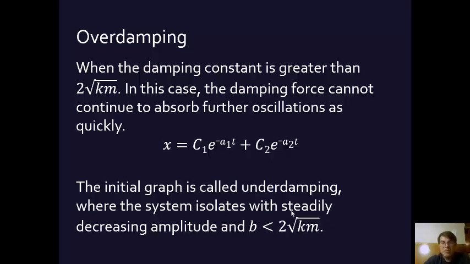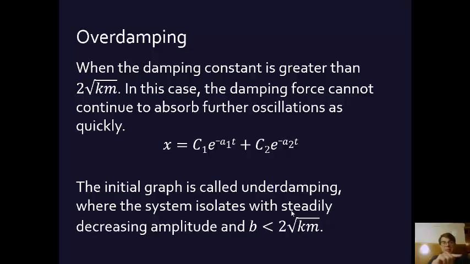Okay, so I mentioned that the initial graph is called underdamping. That's where the system oscillates with a steadily decreasing amplitude, where the damping constant is less than 2 times the square root of km. So that's where it's going to go slowly down. So you have critical damping, where it immediately reaches equilibrium.